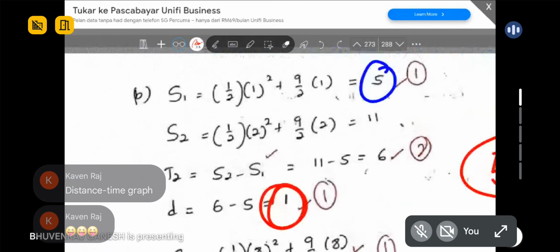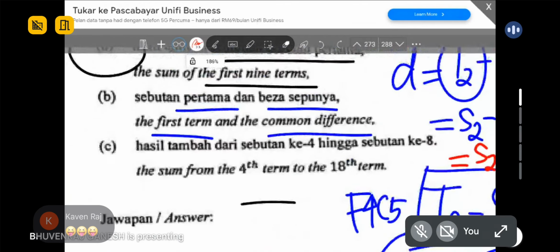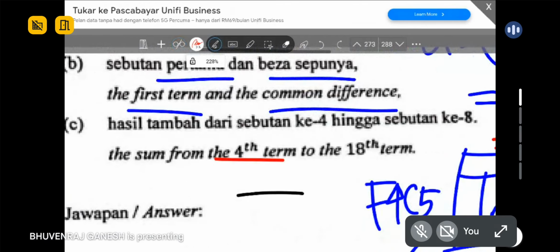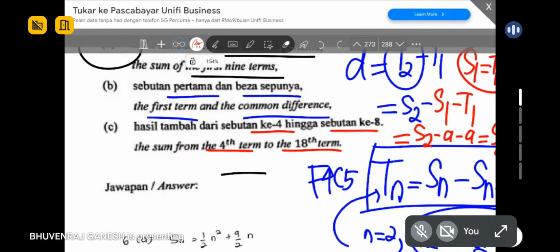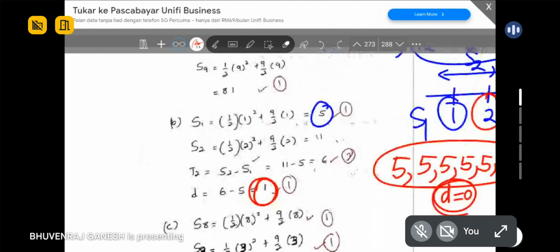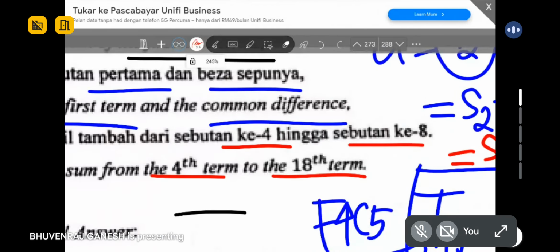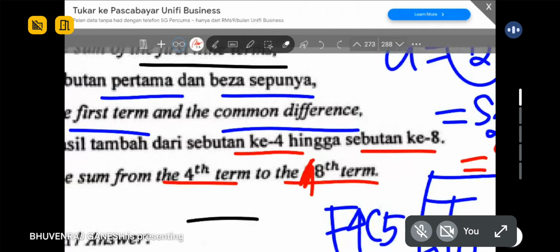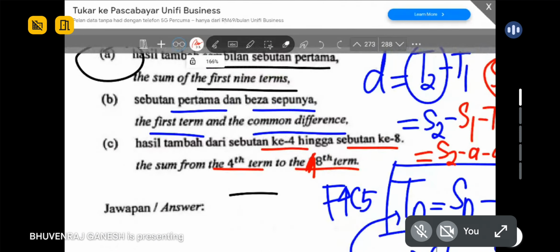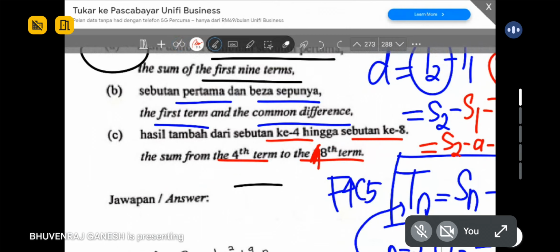Yeah, the concept is something like that. You guys can relate very well. Okay, so they want this one, guys: sum of the fourth term to the 8th term. English got mistake, it's actually 8th term. So how to find the answer, guys? Hasil tambah sebutan keempat sampai ke-8. What will be the formula?